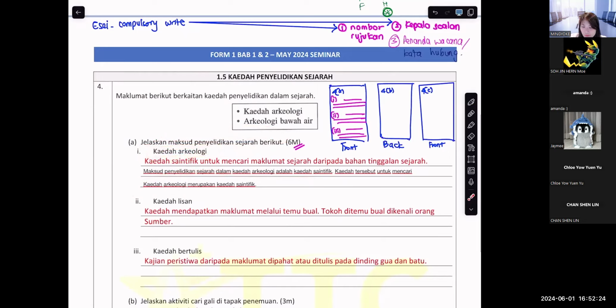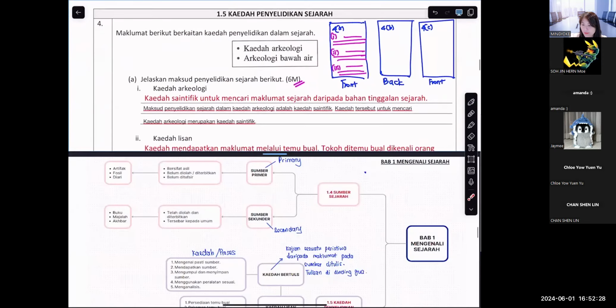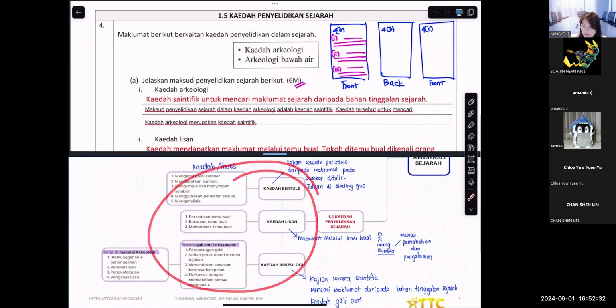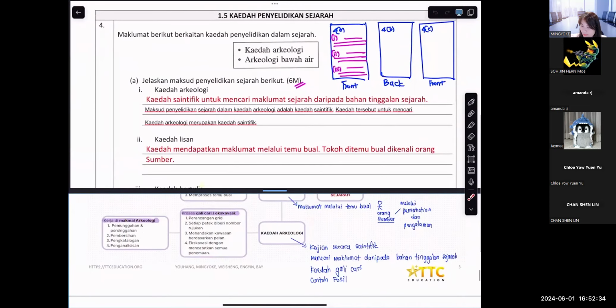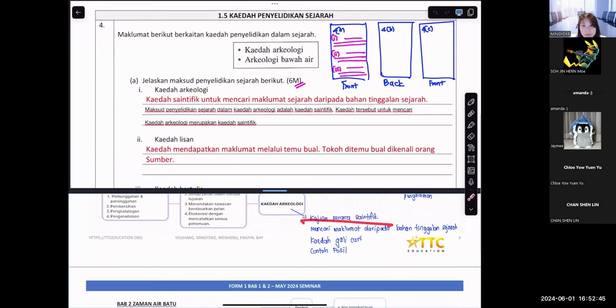Understand? So you can write, for example, kaedah, and here, scientific. So you write, kaedah arkeologi. You can write, maksud penelitian sejarah dalam kaedah arkeologi adalah kaedah saintifik, or kajian secara saintifik.